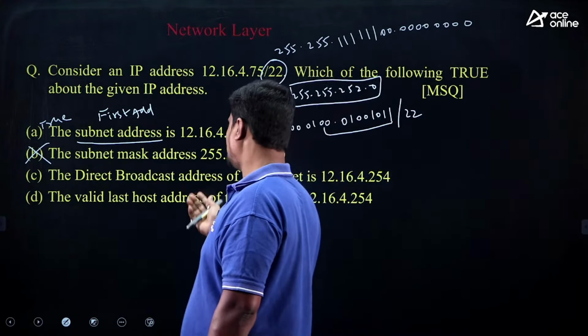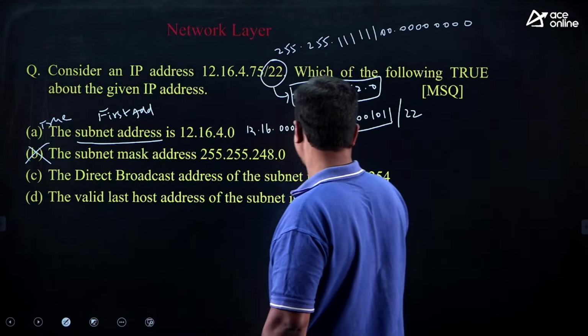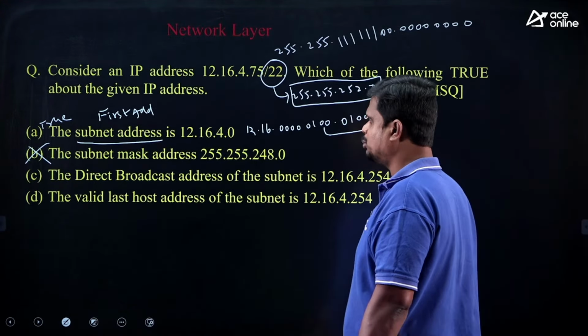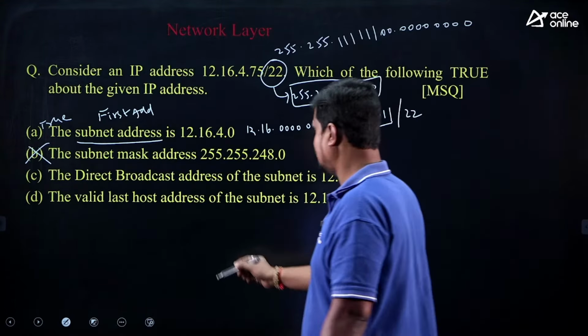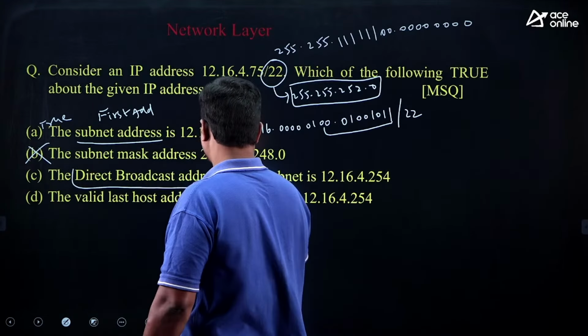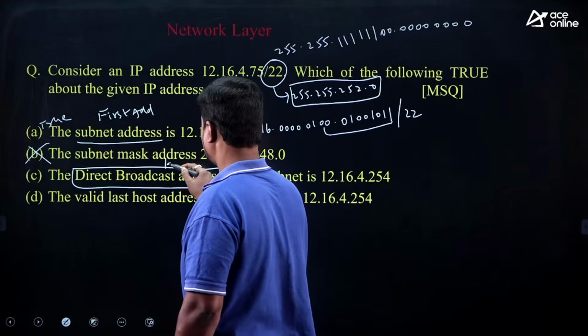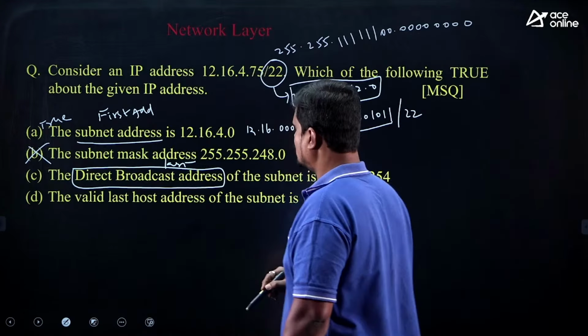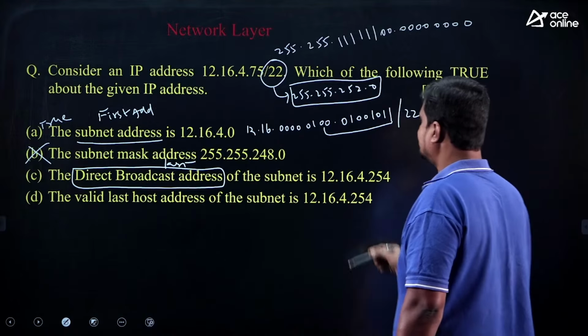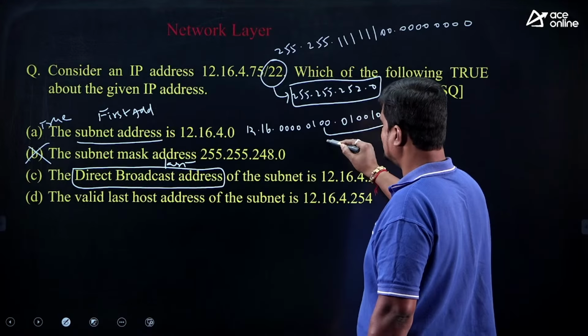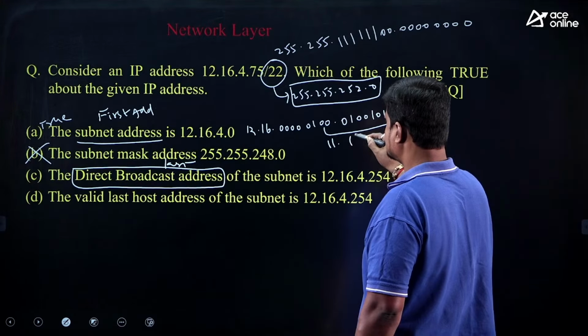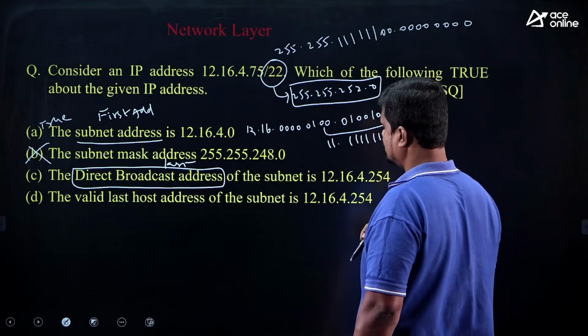Then the direct broadcast address of the subnet is 12.16.4.254. Direct broadcast address means the last address, right? It is speaking about the last address. So consider this last address. Last 10 bits I need to set to all ones. So here I can set ones, and then here I can set all ones. Then what will happen?